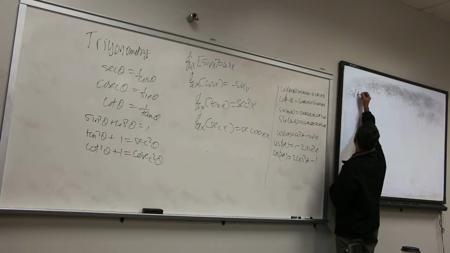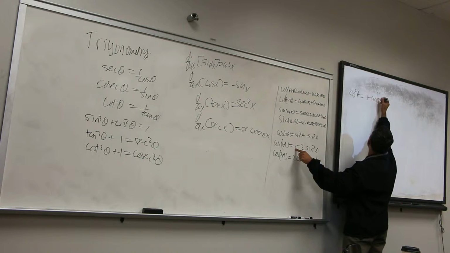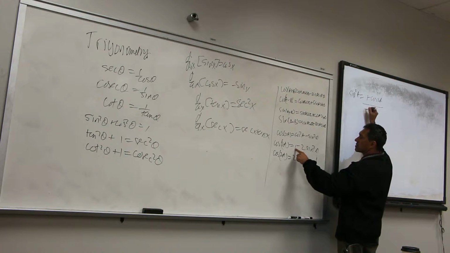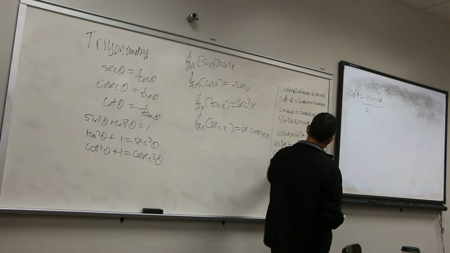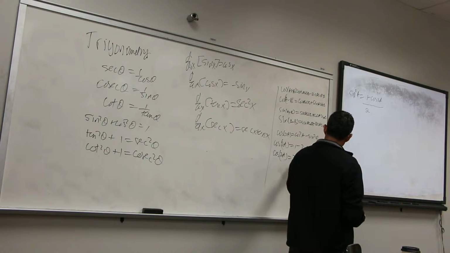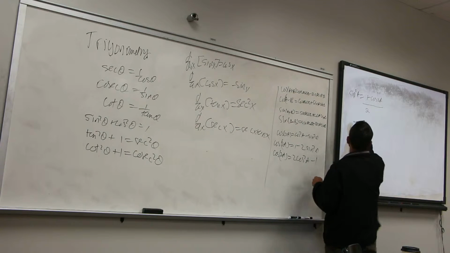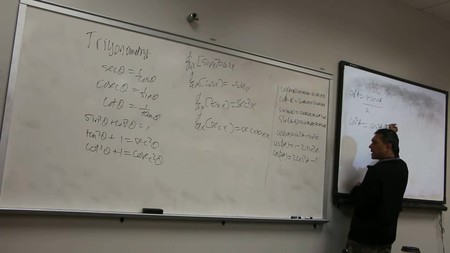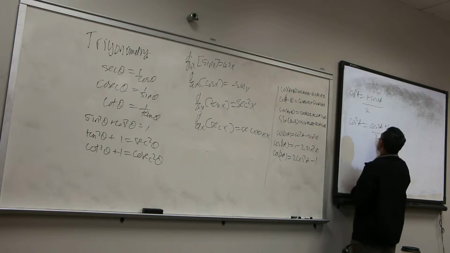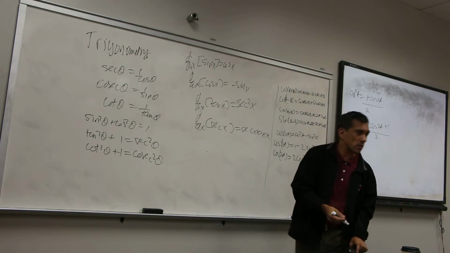Sine squared of A is 1 minus the cosine of 2A over 2. And then if you add 1 plus the cosine of 2A, you will get 2 cosine squared A. Then you divide by 2, you will get the cosine squared of A. So the cosine squared of A is equal to the cosine of 2A plus 1 over 2. This is a very important formula.